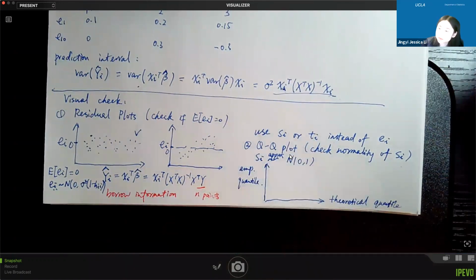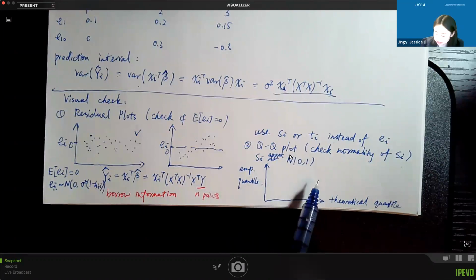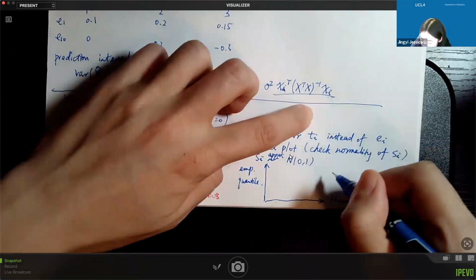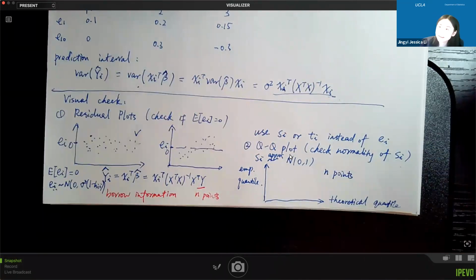So what does that stand for? Any thoughts? How many dots are we going to have in the QQ plot? N. Yes, it's equal to our data points, the sample size. So we have N points, right? And then what are the empirical quantiles? That's based on the empirical distribution.